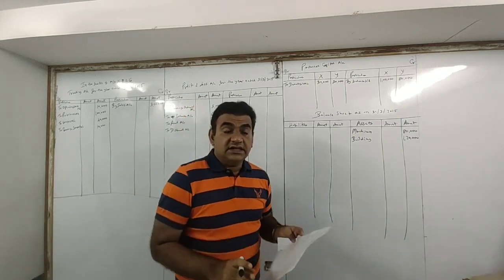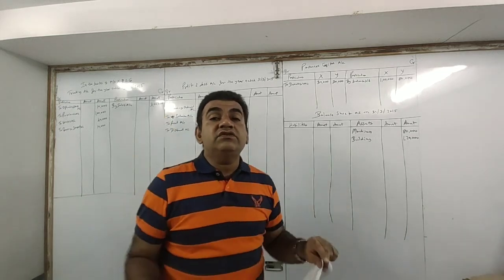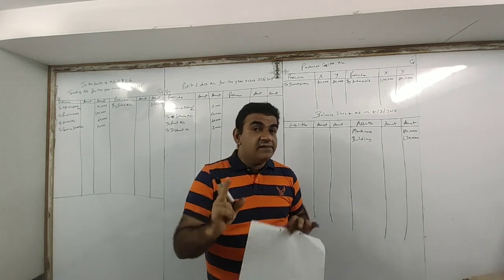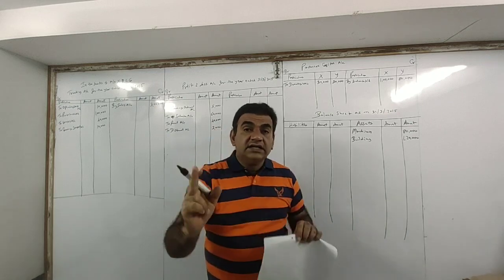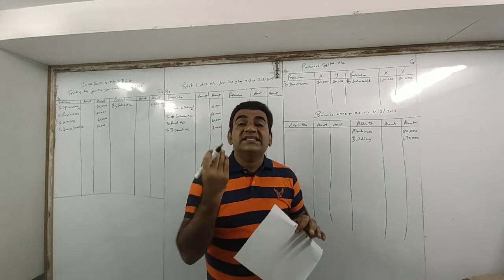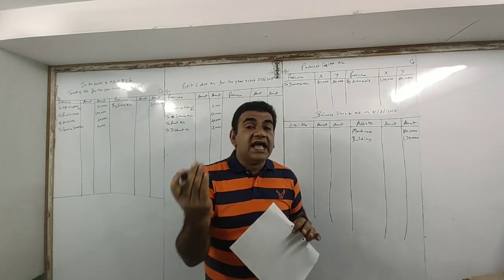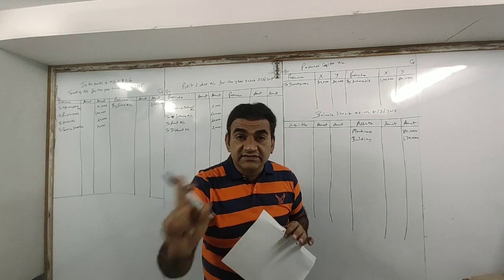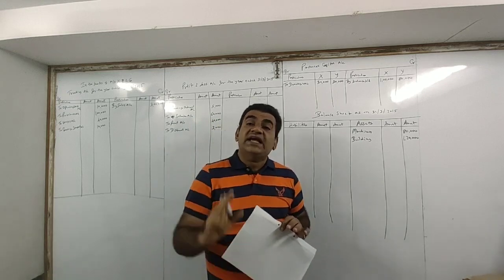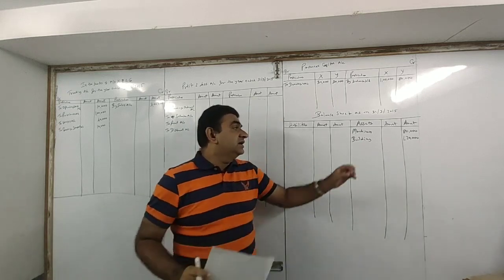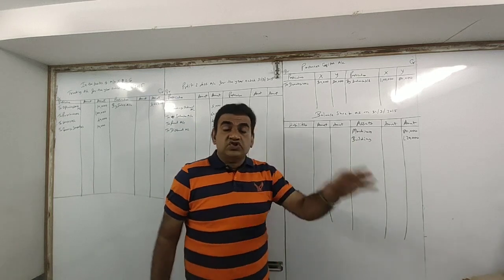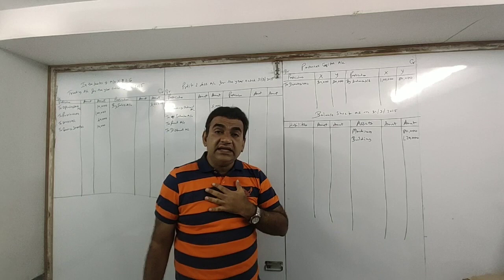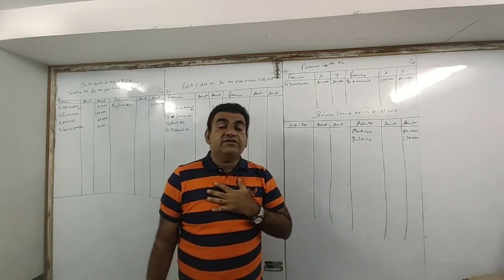Sundry debtors. Debtors is the person from whom we have to recover money. Remember, basic of SYJC. Debtors are the people from whom we have to receive money. When I say I have to receive, that means it is receivable. And in accounts, anything which is receivable is an asset. I have to recover as a firm.